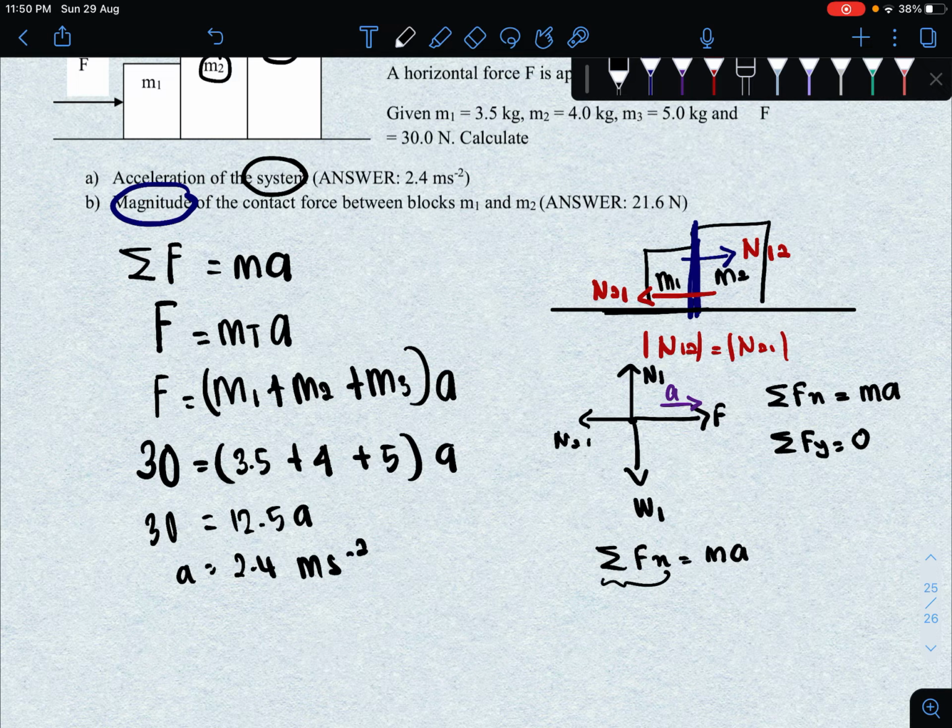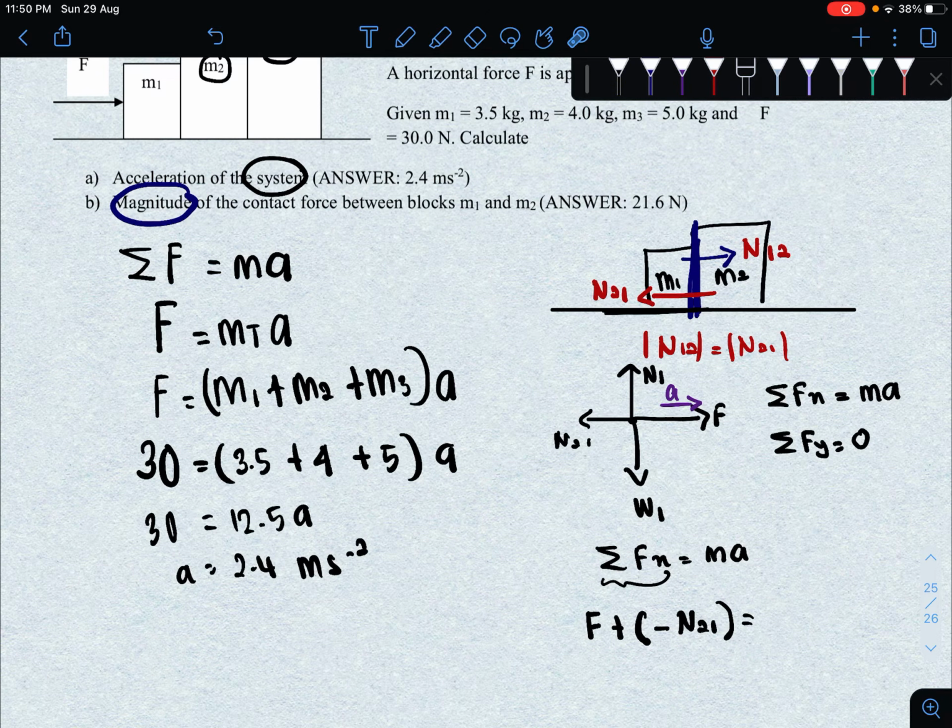The total force along X axis adalah F dan juga N21. Ada dua force sahaja. So we are going to sum them. So when you're going to sum, F ke kanan positif campur dengan N21 ke kiri negatif. So you must consider the direction. Remember F adalah vector quantity. So kena consider direction dia. Should equals to mass times acceleration.